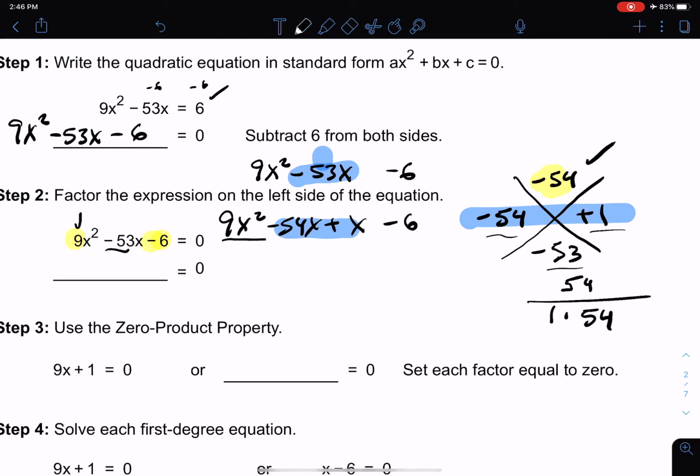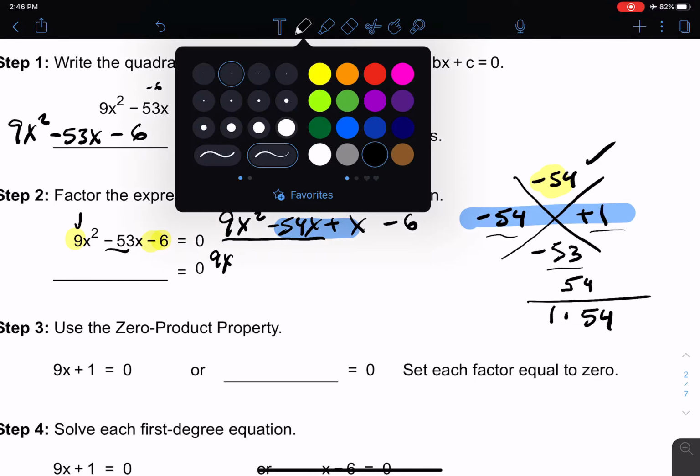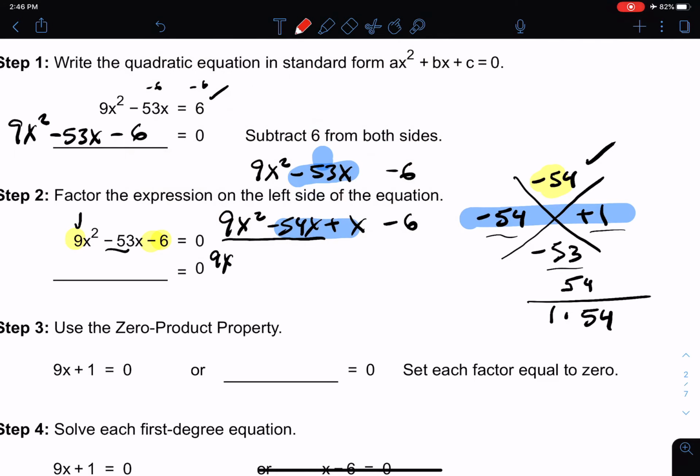Now we look at the first two terms and factor out a common factor, and that common factor is going to be 9x. What is remaining when we factor out a 9x is x minus 6. So I know with my next two terms, I must have an x minus 6, otherwise factoring by grouping will not work.